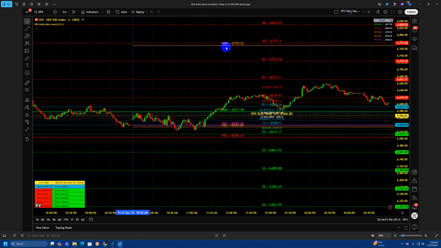Then, as you can see here with this YDH level, it is also in the pathway, so if price had traveled up through here and crossed this midpoint level, then the YDH level would also be a waypoint for a decision, and then R5 after that, and then the midpoint above R5, and then finally R6.